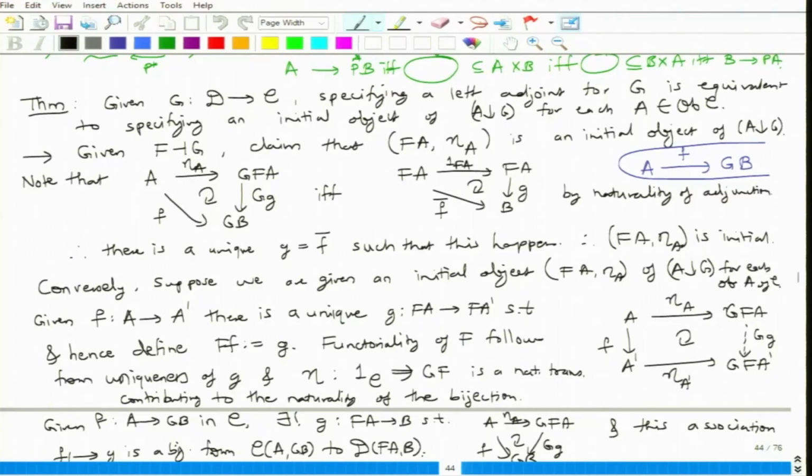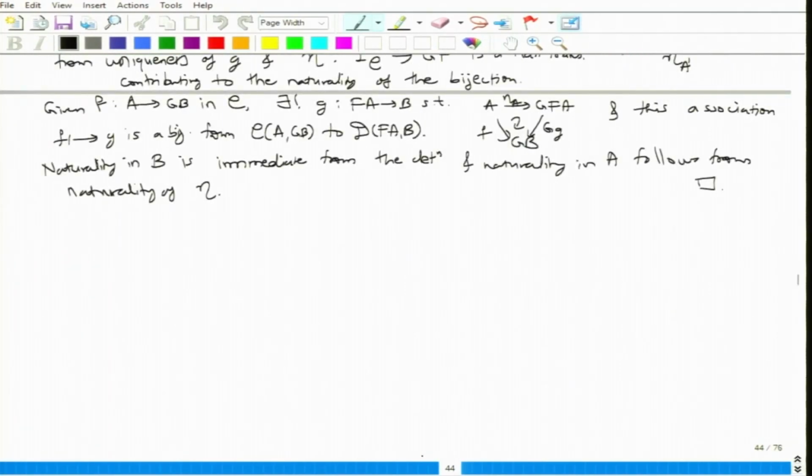So let me write all this discussion in the form of some remark.